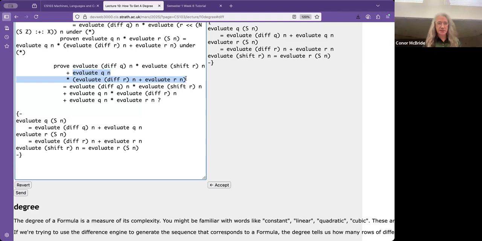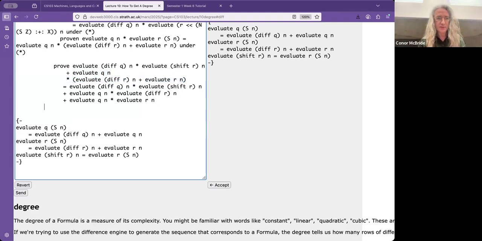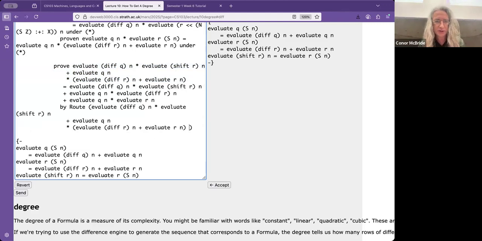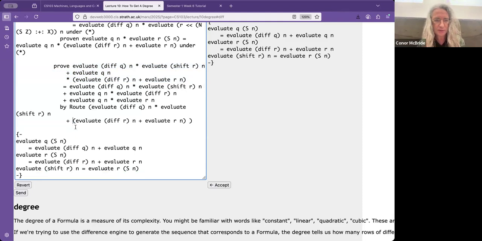So let's just do that. So again, I'm going to pick up the whole left-hand side of the goal, paste it into my root, and then massage.